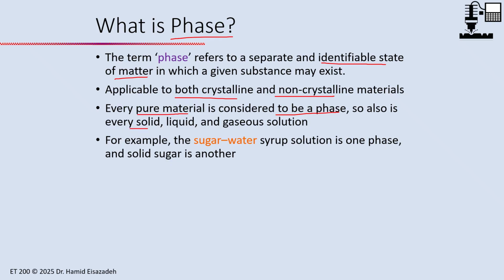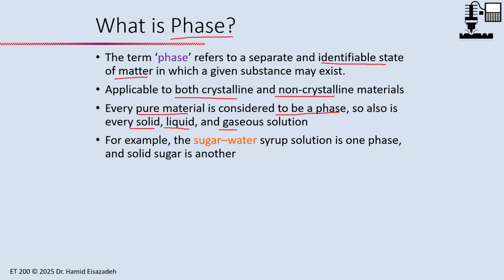So if you have one material, for example water, in solid state, it's one phase. If you have liquid of the water, then it is another phase. If it is a vapor, then we have a separate different phase.